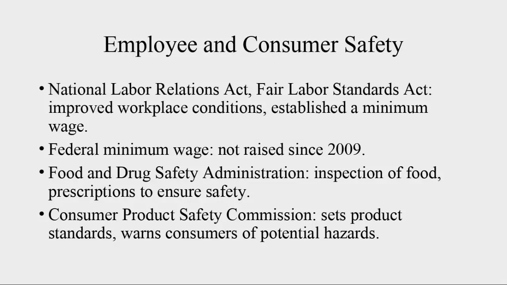This is also when we stopped allowing children to work in factories, when we set a minimum age to be able to work in most businesses. And it's also when we established the first federal minimum wage.